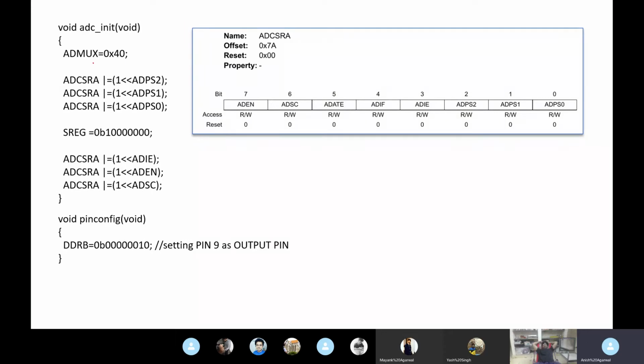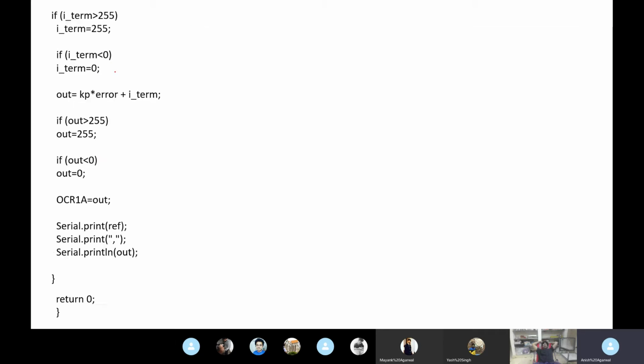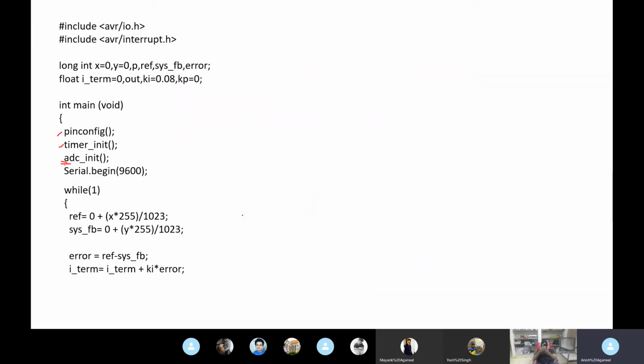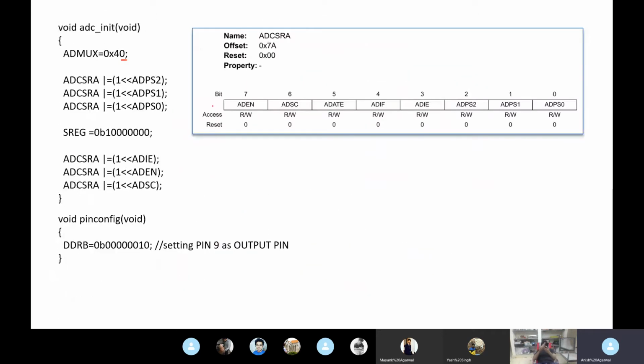Okay. ADMUX, it does two things. The first, this 0, selects the channel number. All right. As I told you, in this we are taking the reference voltage from the A0 pin. So I have said that the ADC conversion will be taking the voltage from the A0 pin, so I have set the channel in ADMUX to 0.